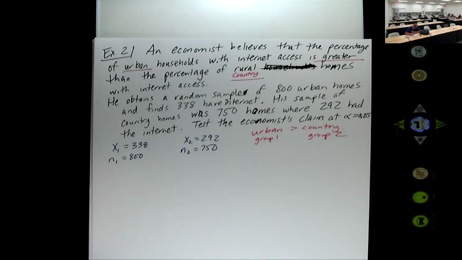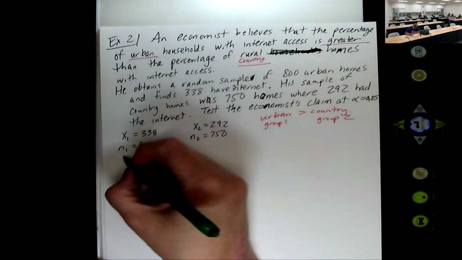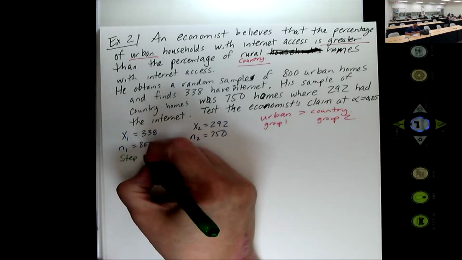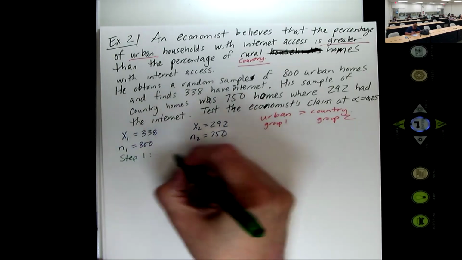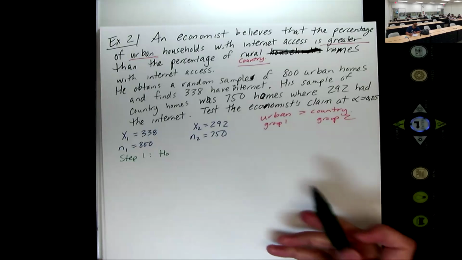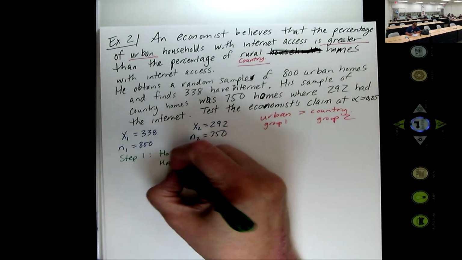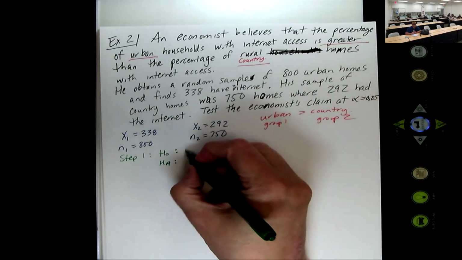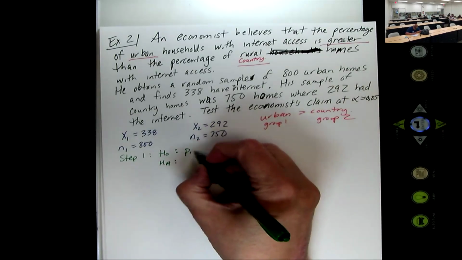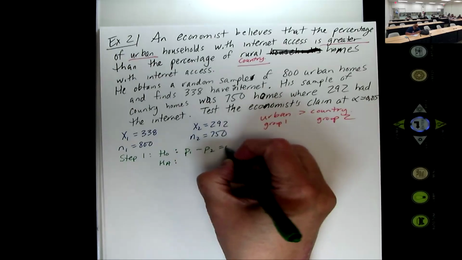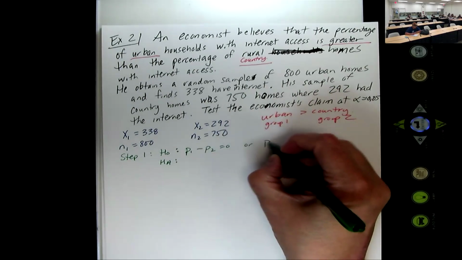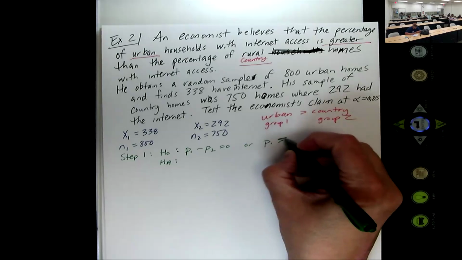And we go through our hypothesis test. Step 1 is identifying H naught and HA. H naught, since I've labeled them, I can do P1 minus P2 equals 0, which is the same thing as P1 equals P2.